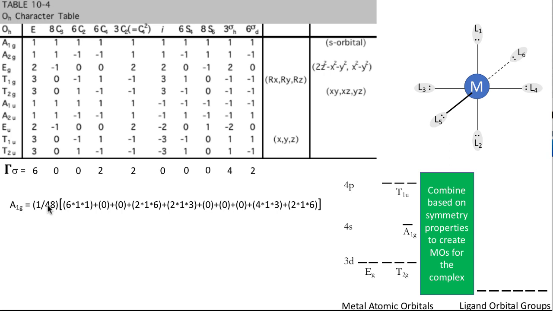So 1 over 48 times, and these are slightly out of order from what is usually given in your text, but I'm taking 6, right, which is the character of our reducible representation, times 1, which is the character of the irreducible under the A1g, times 1, which is the number of operations, and then the next is 0, so 0 times 1 times 8 gives us 0, 0 times 1 times 6, 0, and then 2, which is the character of our reducible, times 1, which is the character of the irreducible under A1g, under the C4 operation, and then times 6, which is the number of operations in that particular class.